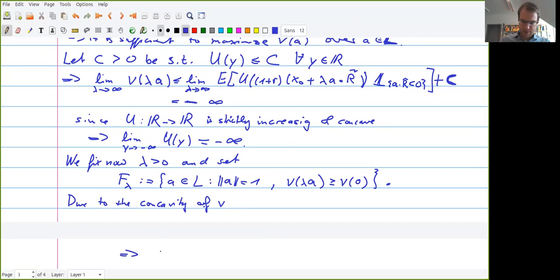This implies that if I consider V evaluated at alpha times a minus V at 0, this is, by the concavity, greater or equal than alpha times (V applied to a minus V at 0).